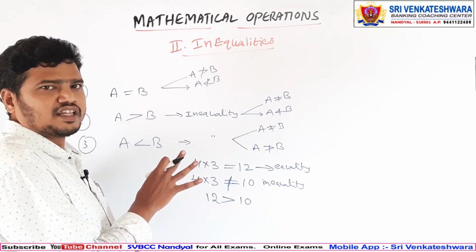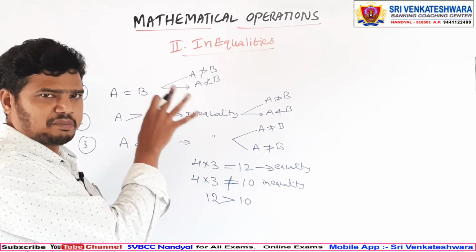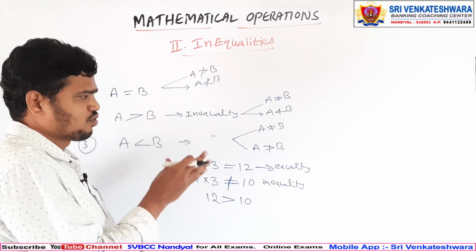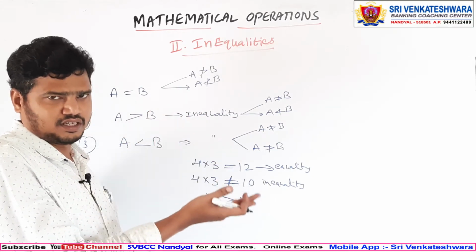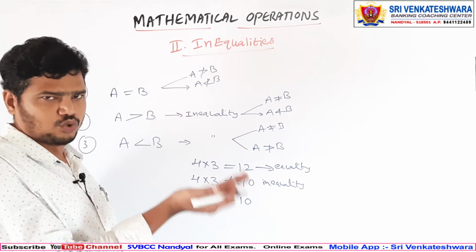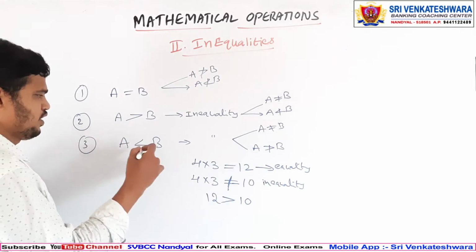Simply, they will give the statements and conclusions, and you need to find which one satisfies your conclusion, either conclusion 1 or conclusion 2. See here, we can go for another one also.